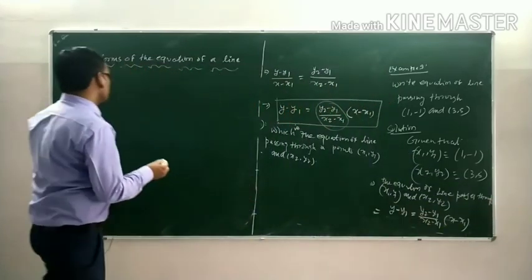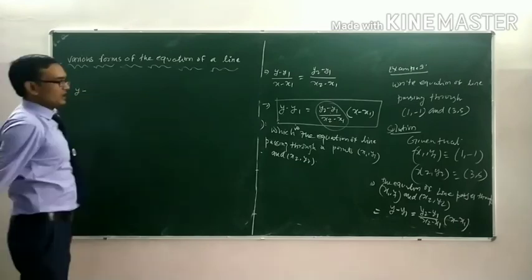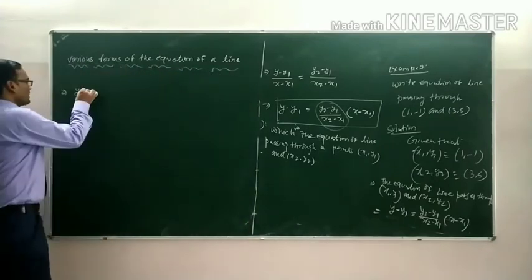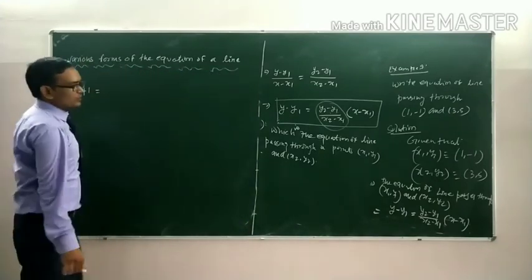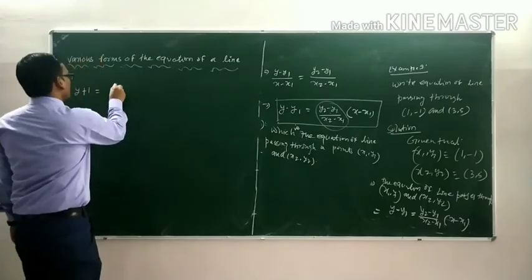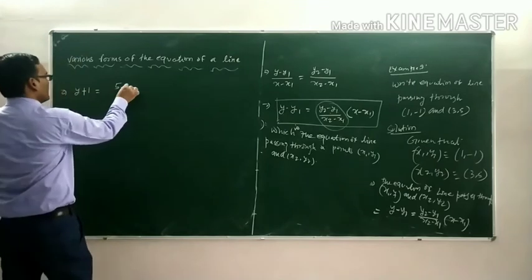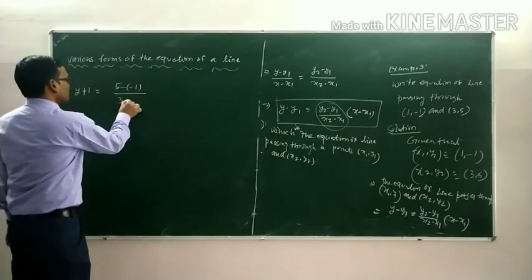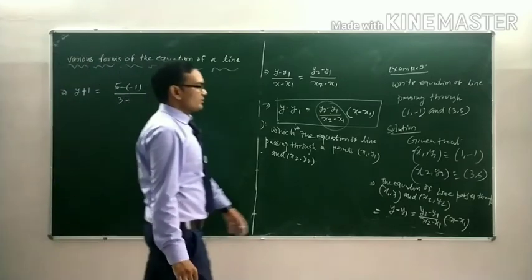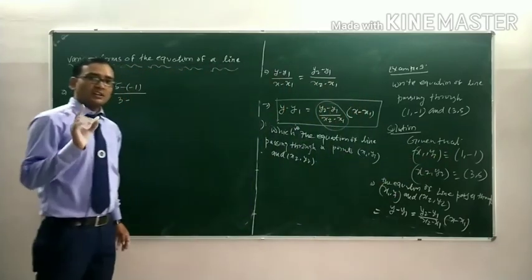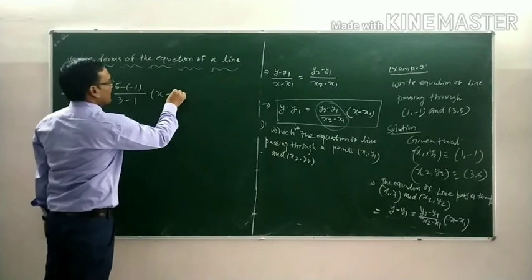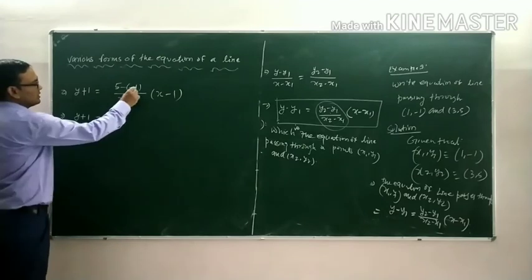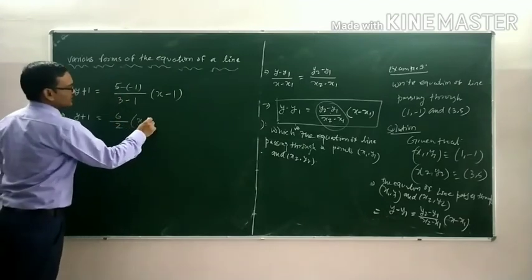This implies y minus y1, the value of y1 being minus 1, so plus 1, equals the value of y2, which is 5, minus the value of y1, which is minus 1, upon the value of x2, which is 3, minus the value of x1, which is 1, into x minus x1. Okay students, this implies that y plus 1 equals 6 upon 2 into x minus 1.